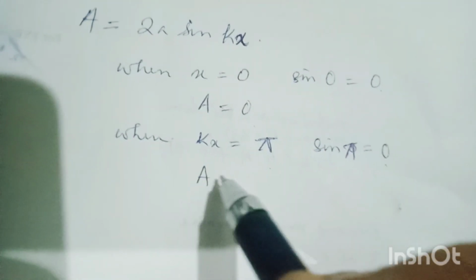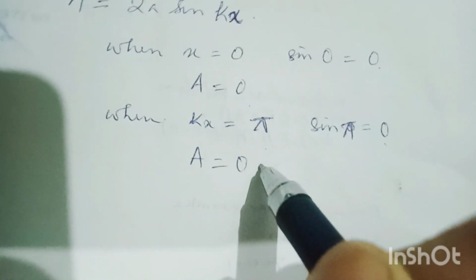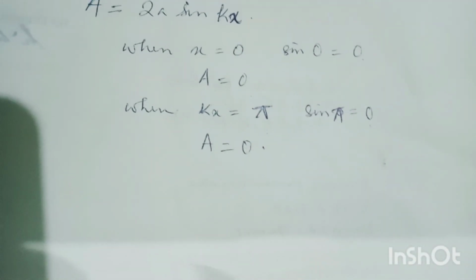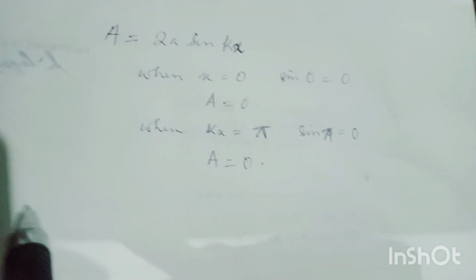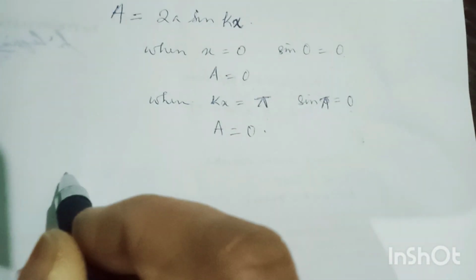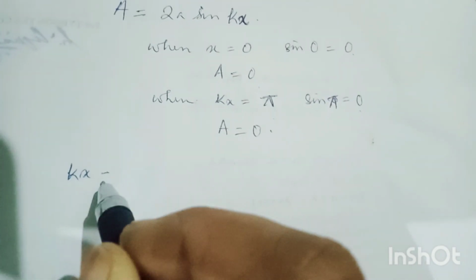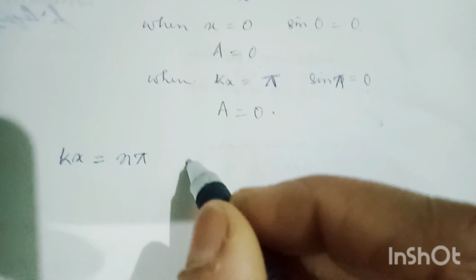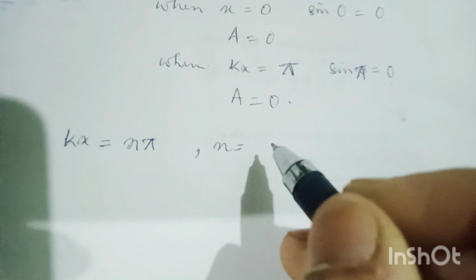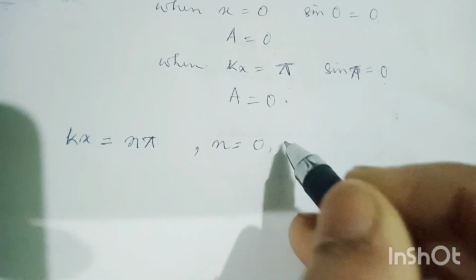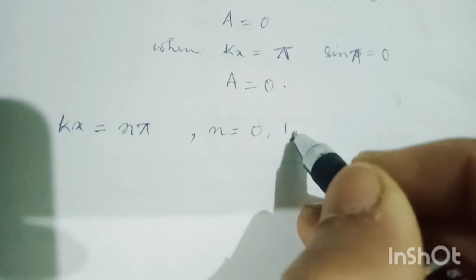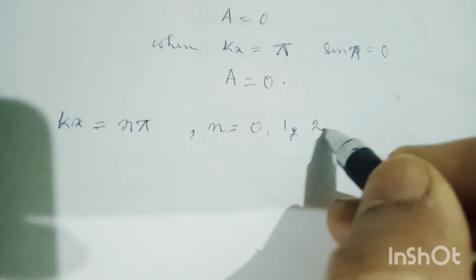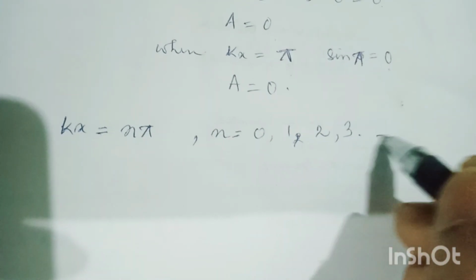At this time also the amplitude is equal to 0. So we can generalize this as kx is equal to n pi, with n equal to 0, 1, 2, 3, like this.